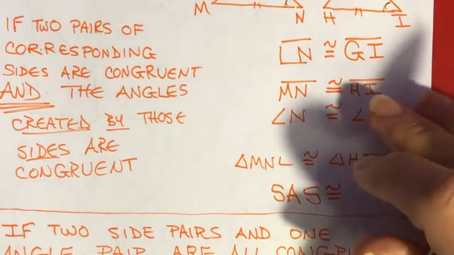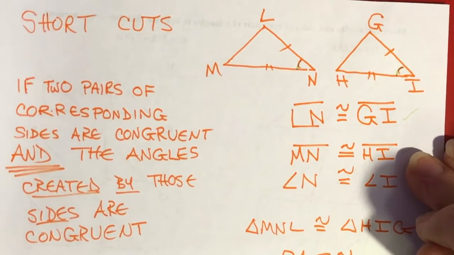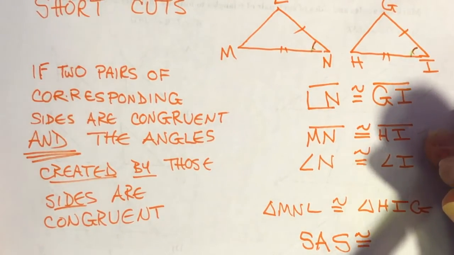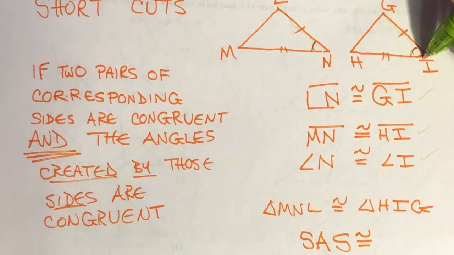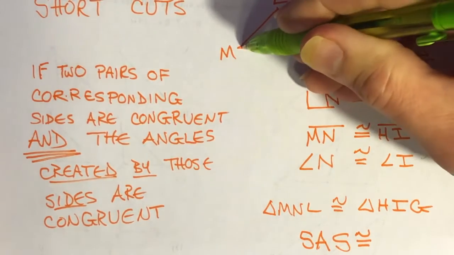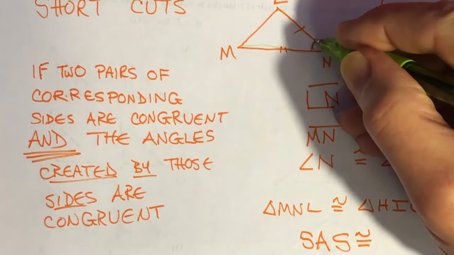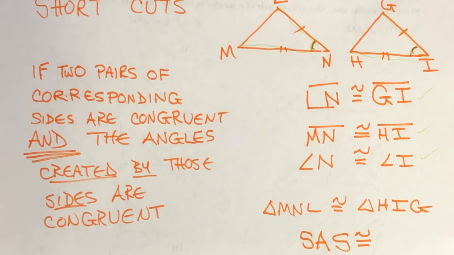And what we said was, if you have two pairs of congruent sides, here and here, and here and here, right? Not three, but just two. And the angle created by those two sides, here and here, are also congruent. That's enough to show that the two triangles are congruent.